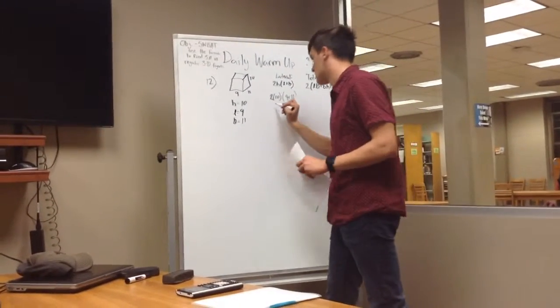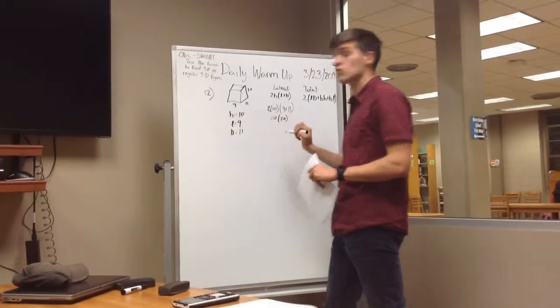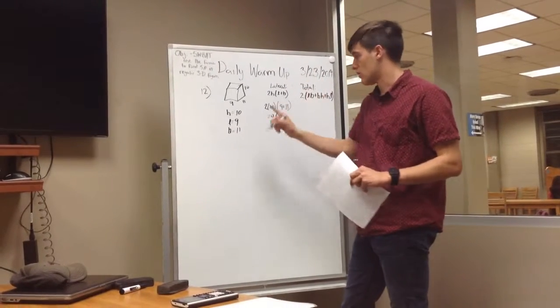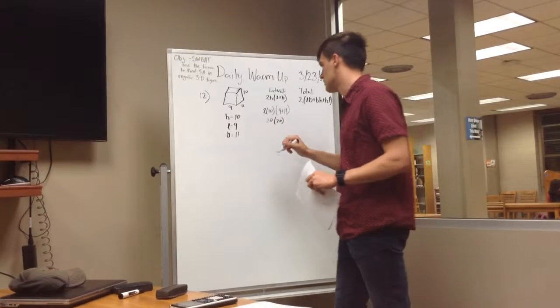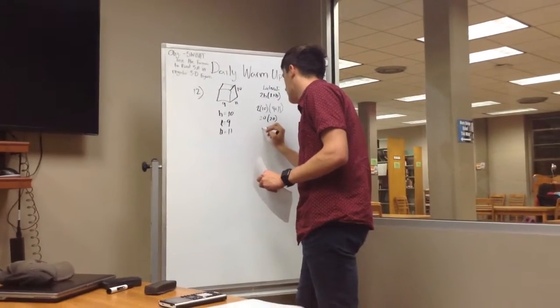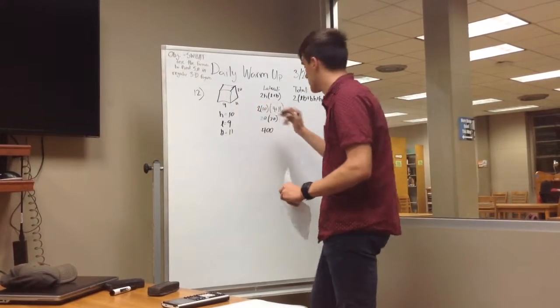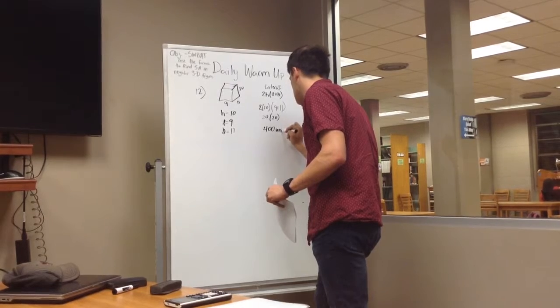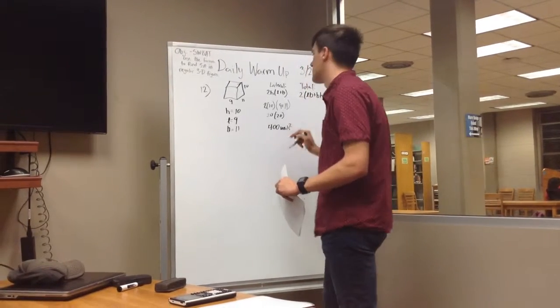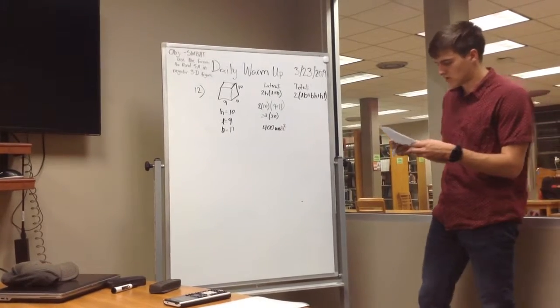So what does that give us? 20 times 20, correct? Everybody following the order of operations? So what is 20 times 20? That is 400. Does it give us units? No, it does not. So it's units squared because we are finding the area. Perfect. Great job right there.